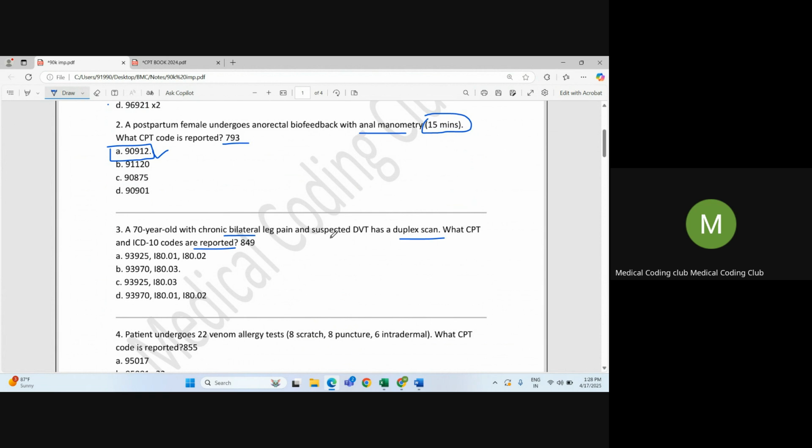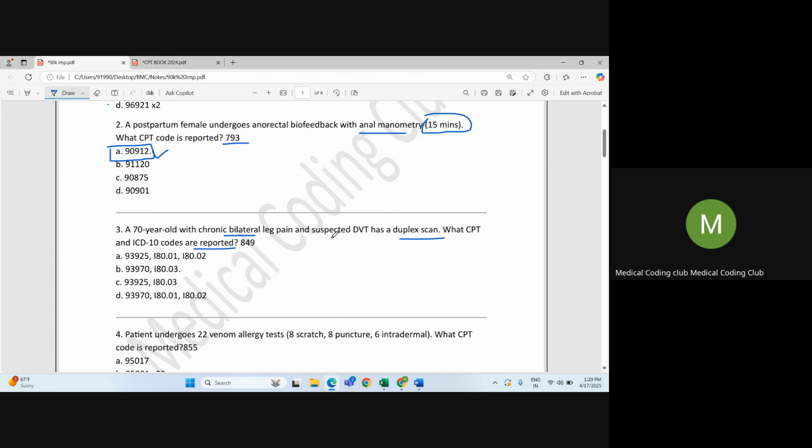As you all know, a duplex scan combines ultrasound and Doppler to view the vein very clearly and see a blood clot. If a blood clot is there in any vein, they will use this duplex scan method and find out exactly at which position the blood clot is.